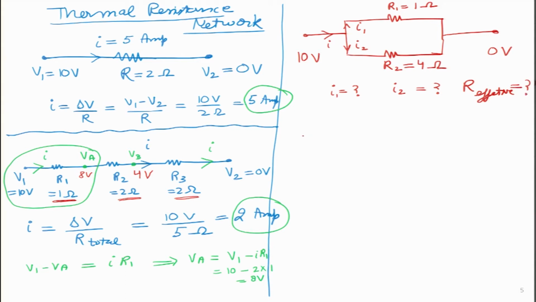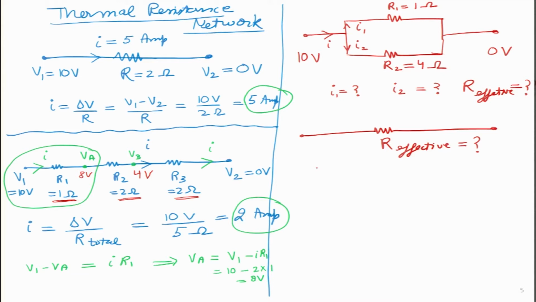What does the effective value mean? Can I replace these two resistances which are connected in parallel with one resistance, which I will call the effective resistance? So, what will its value be? This is another thing I want to calculate. We all recall from our earlier background that we can add resistances in parallel as well.